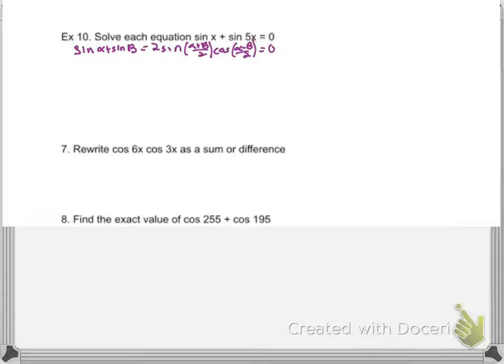So I can now, sorry about that, rewrite this as 2 sine of alpha plus beta, which is x plus 5x, divided by 2, cosine of x minus 5x divided by 2 equals 0. I'm going to do some math up here.